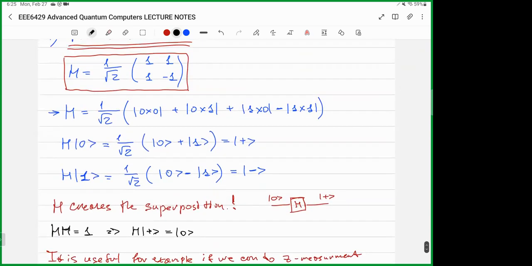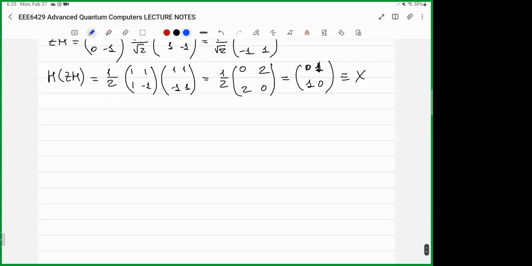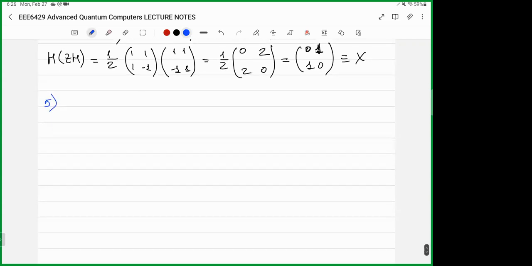So this is number 4. The next gate, number 5, is called the P gate. Let's consider this P gate. It's also known as the phase gate.